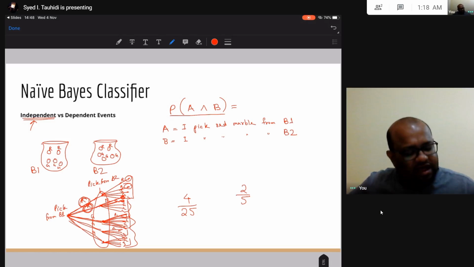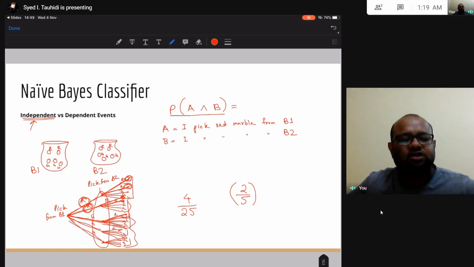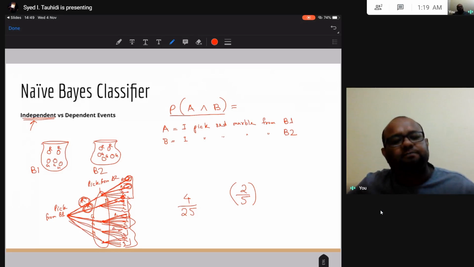Out of these 2 out of 5, how many are of my interest? Each of these 2 by 5 is going to give me 5 more events that are going to be of my interest, right? So there were 5 events originally, that is picking from bag 1.